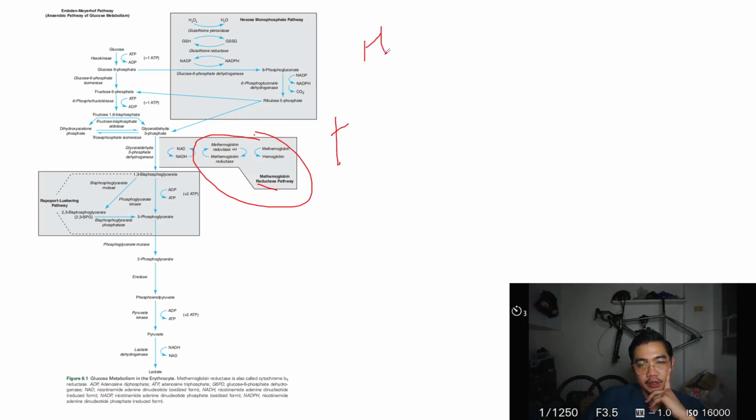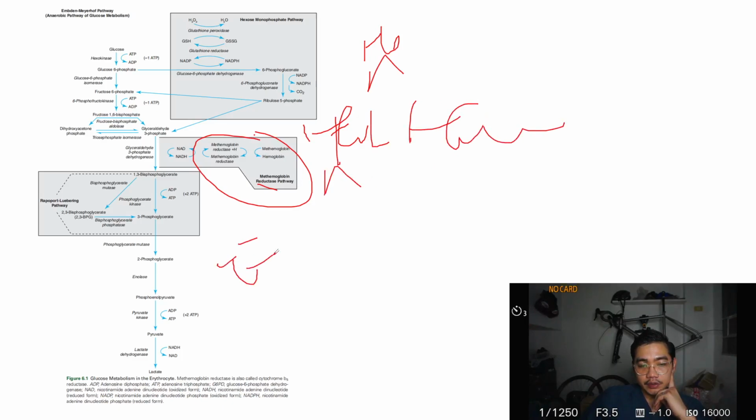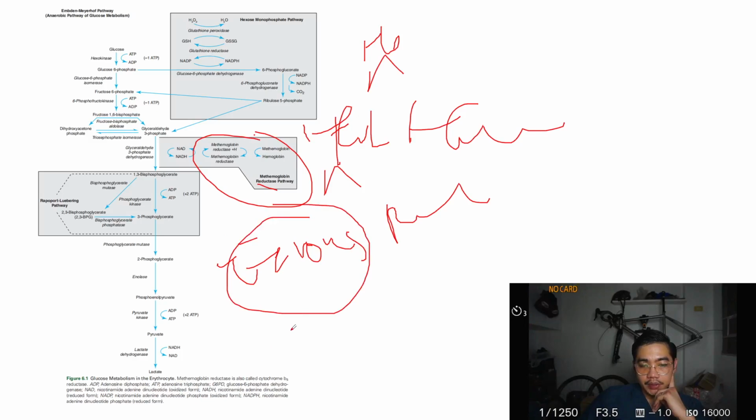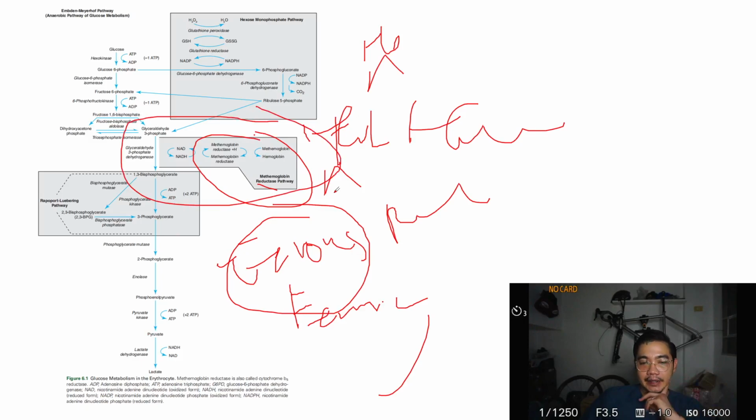Like I said earlier, hemoglobin is composed of heme plus globin. In your heme there is iron, which is in the ferrous state, and protoporphyrin 9. In methemoglobin, your ferrous iron is converted into ferric. This happens spontaneously sometimes, but we have this methemoglobin reductase pathway in charge of reducing the ferric to ferrous.